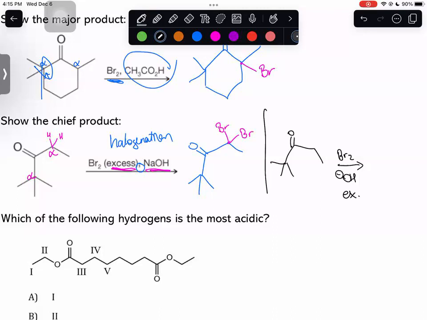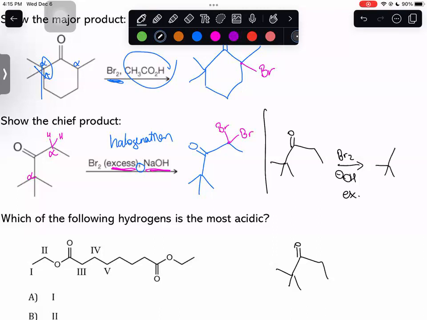In the situation where it's 3 alpha protons, but excess halogen, not base, are we still only replacing the 2 protons? No, you replace the 3 protons with Br, but it would not depart. It would just stay on the molecule.